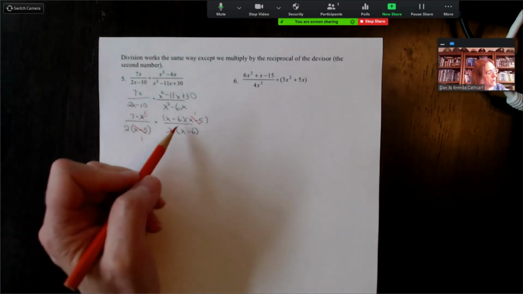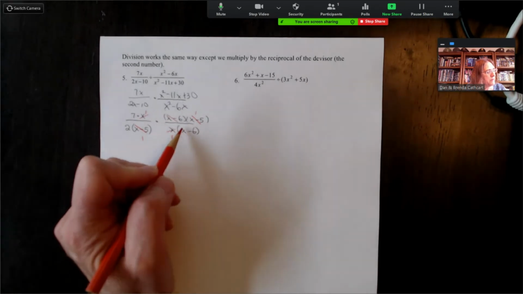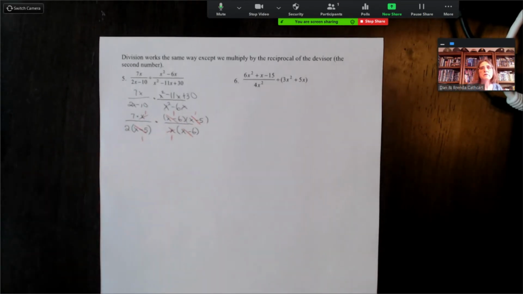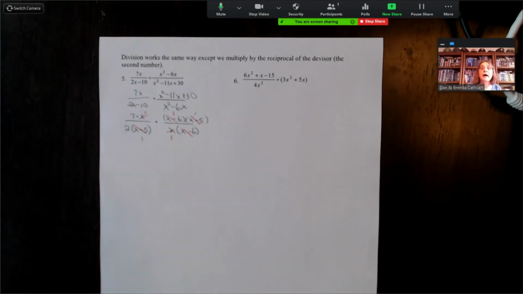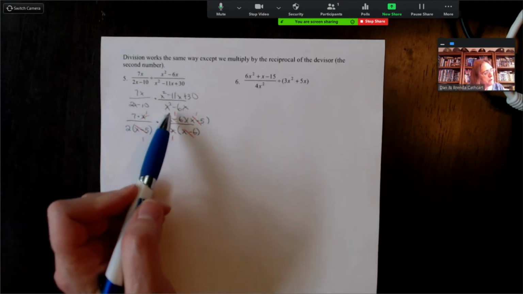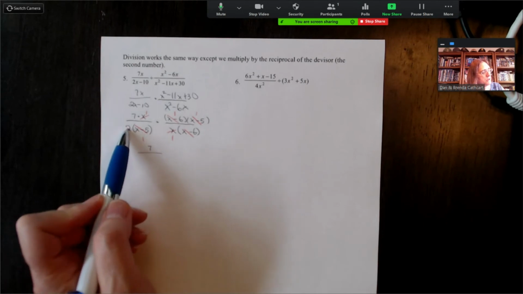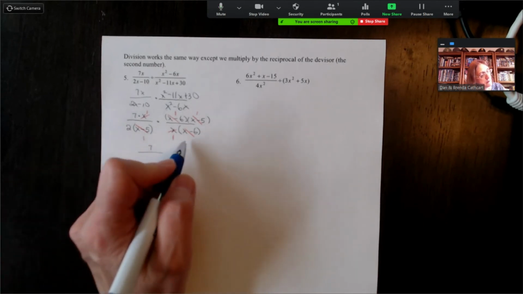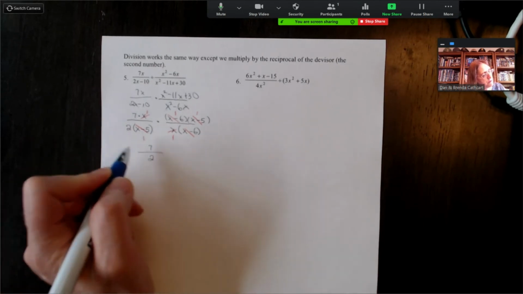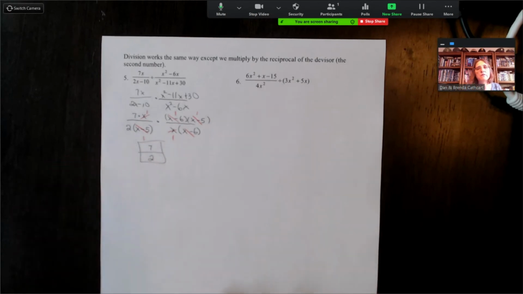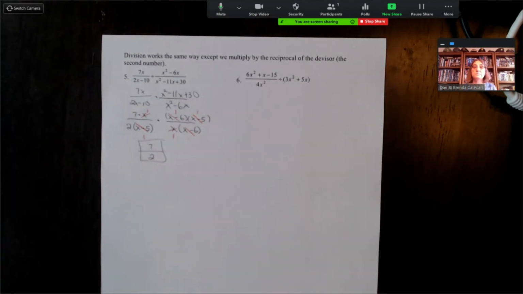And finally, we have a common factor of x minus 6, reducing those. When we multiply out in our numerator, we have 7 times 1 times 1 times 1, or just 7. And in our denominator, 2 times 1 times 1 times 1 is just 2. And so we end up with the fraction 7/2.